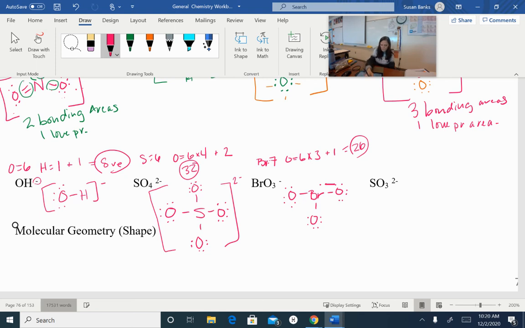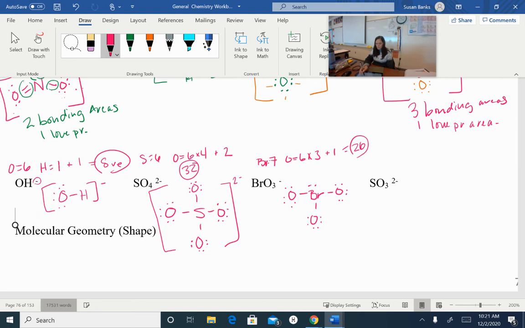Well, that lone pair really got away from me there. Is it going to let me erase? There we go. Okay, so on each of these oxygens, I have 8 electrons.